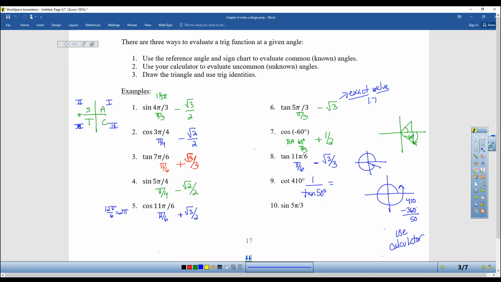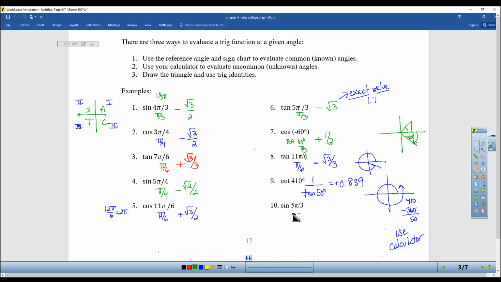I don't actually have the answer, so allow me to do that too. 1 divided by tangent of 50 is 0.839. I still have to determine whether it's positive or negative, but when I went all the way around to 410, it landed me in quadrant 1, and they're all positive in quadrant 1.